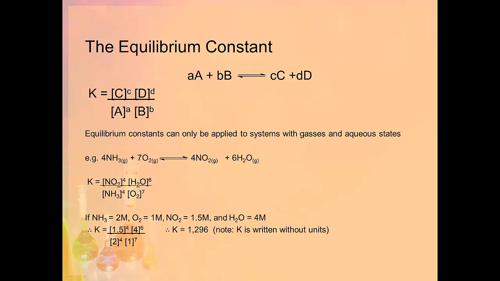Now, because K is above 1, that means we must have had a larger value on the top, the numerator, and a smaller value on the denominator, which means in this case our products are favoured. Our NO2 and our H2O are going to be in higher concentrations.